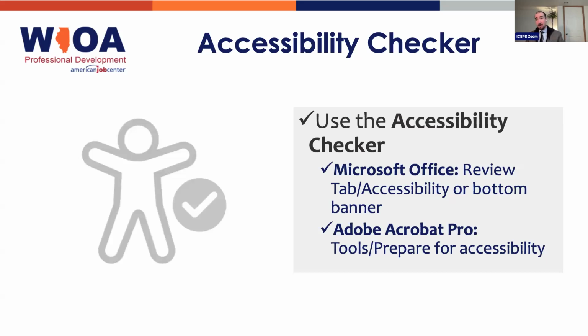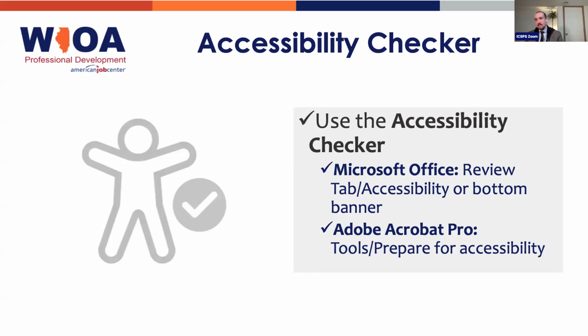Microsoft Office and Acrobat Pro both have accessibility checkers automatically incorporated. You'll see it usually in the bottom scroll of the page that you're looking at. It'll give you a warning about whether or not the document is accessible, and it will kind of walk you through things that you can do to make your document more accessible. And at the bare minimum, that is a really wonderful tool. It'll give you warnings, and they're usually yellow or red. The rule is that if something is red, then you do have to resolve it.